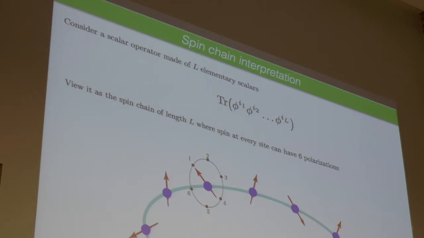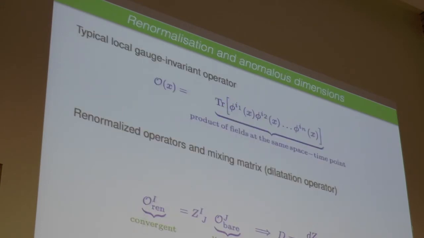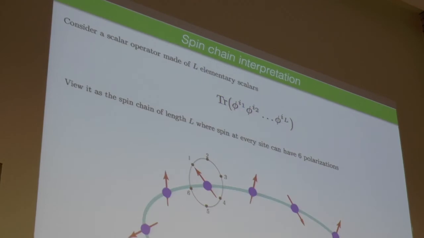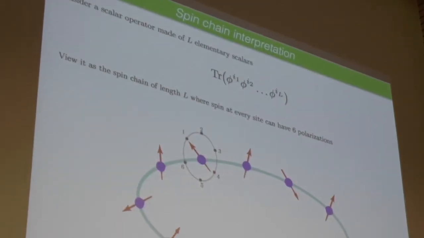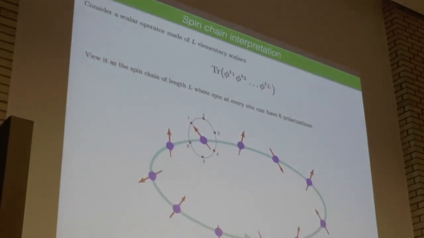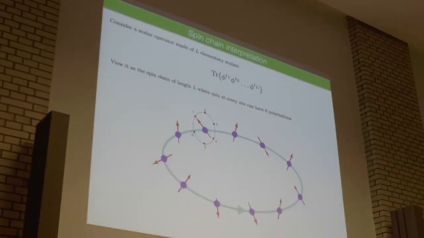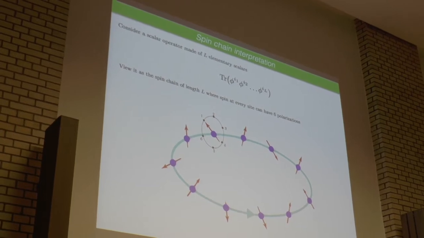So now what we can do is completely change the view on the composite operator and completely forget about the space-time point x which is present in this operator. For this simplest single trace operator made of scalar fields, you can build up a representation in terms of a state of a closed spin chain.